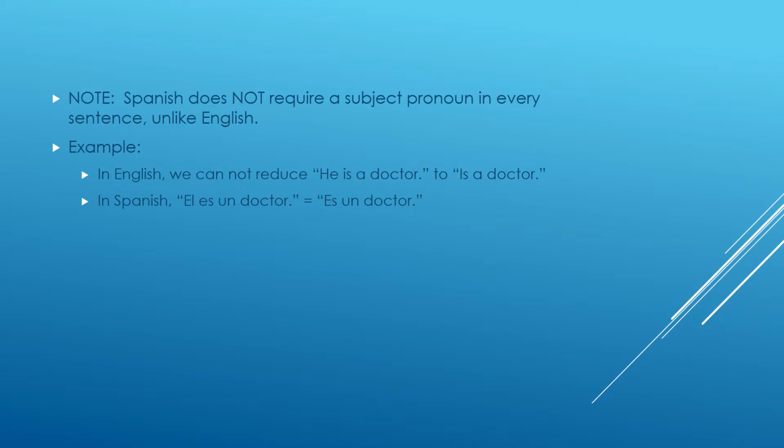So we just add the él for extra emphasis so that we know who we're talking about, but it's not always necessary. Because the verb es implies "he is," you don't necessarily need the subject pronoun in every Spanish sentence. A lot of times it's used to make it very clear who you're talking about in a sentence.